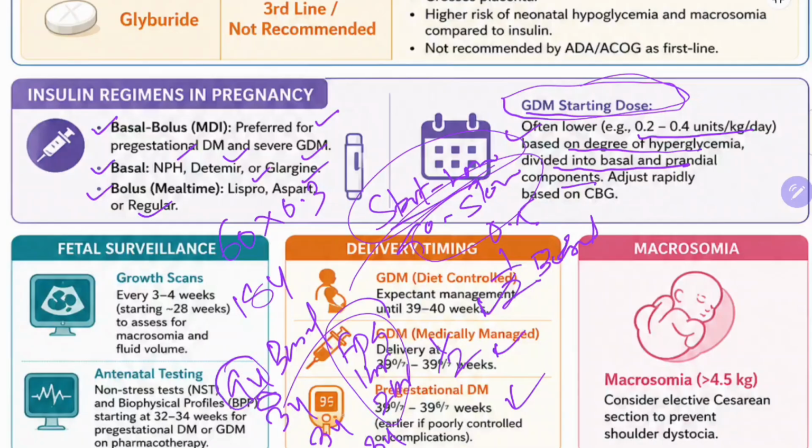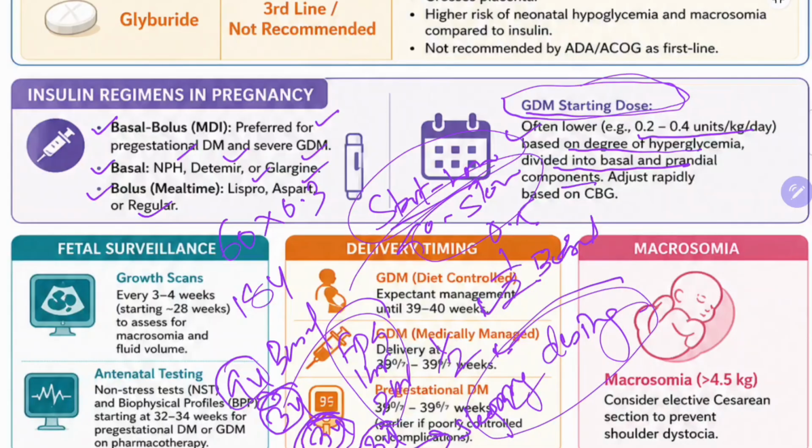If the afternoon glucose is high, then you should increase the morning dose. If the evening glucose is high, then you should increase the afternoon dose. While sleeping also you should check the glucose level. If the bedtime glucose is high, then you should increase the evening dose. That's how you titrate the insulin levels.